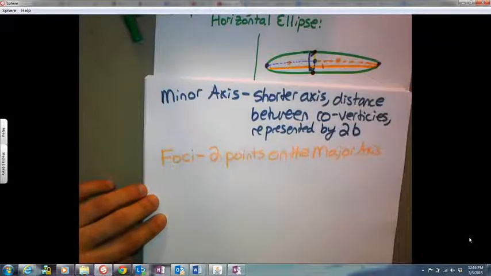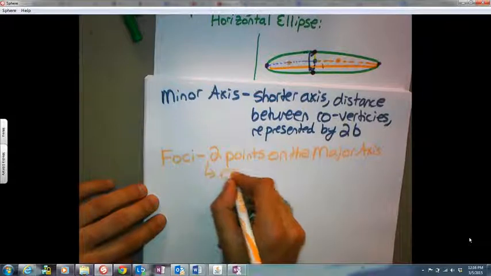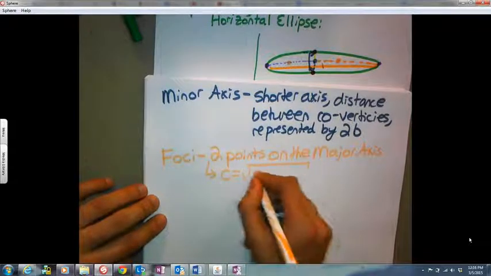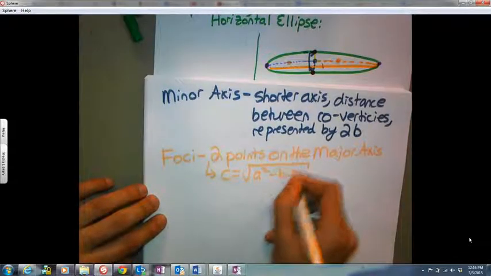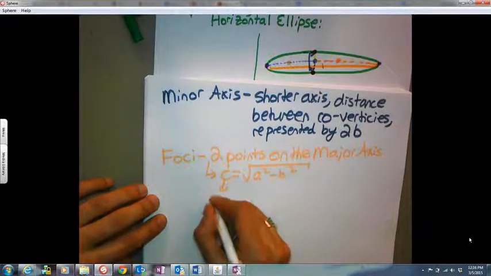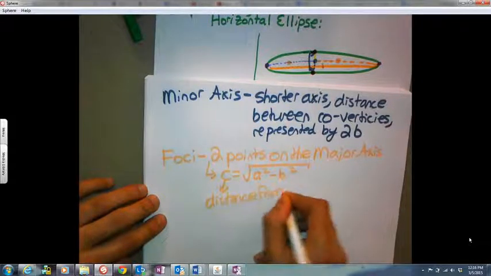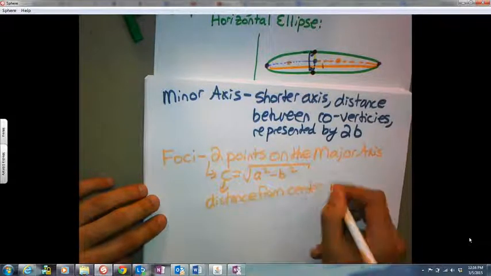And we have a formula: c equals the square root of a squared minus b squared, where c is the distance from the center to the foci.